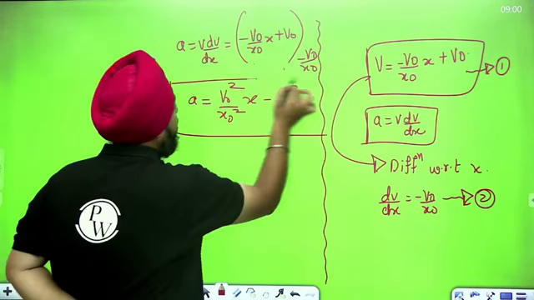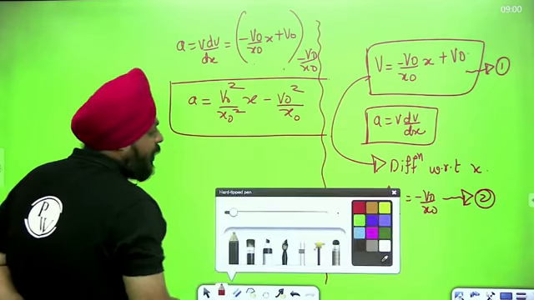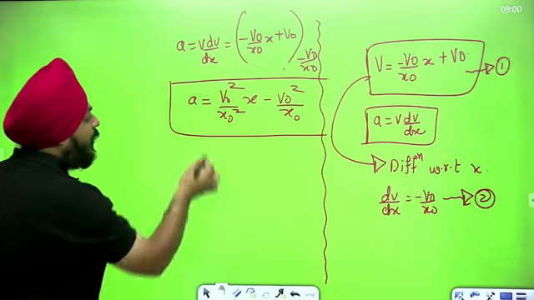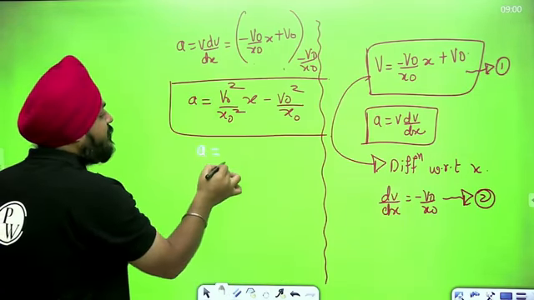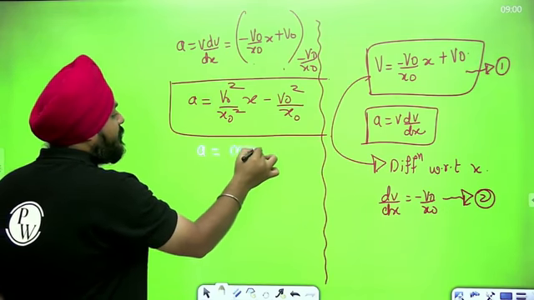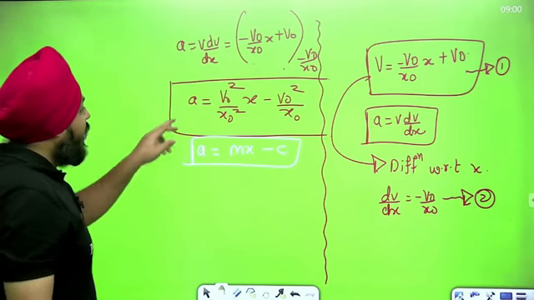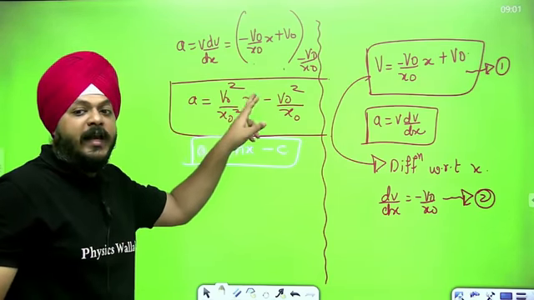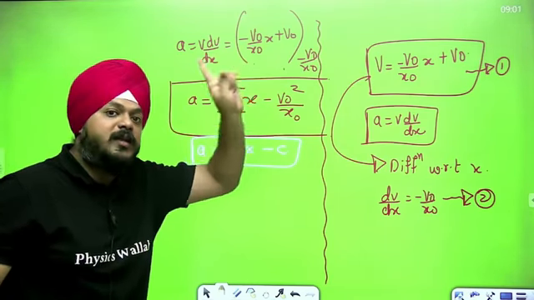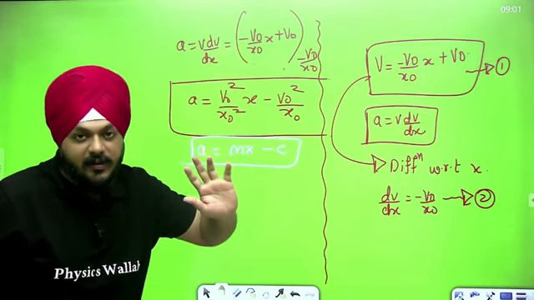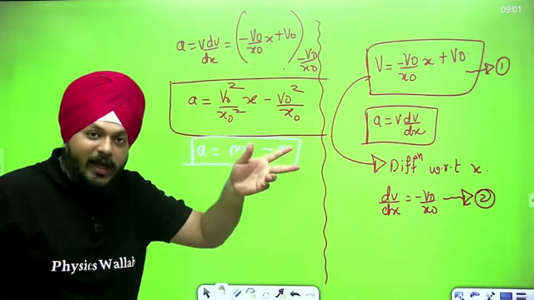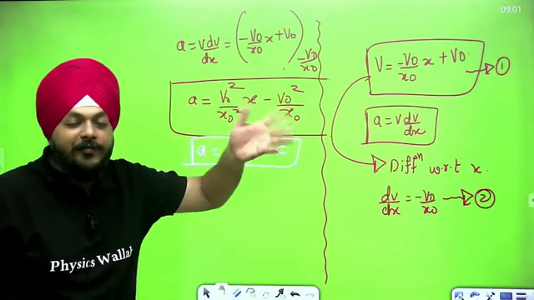If you analyze this equation, it is of the form a equals mx minus c. In the relation of acceleration and displacement, x has only one power. It means the equation of a straight line will come, and only the slope or the intercept values may differ.